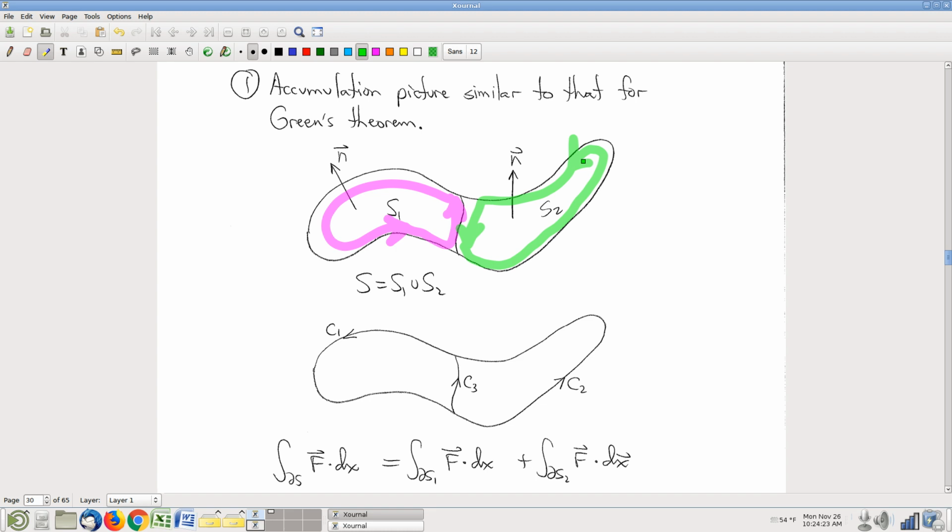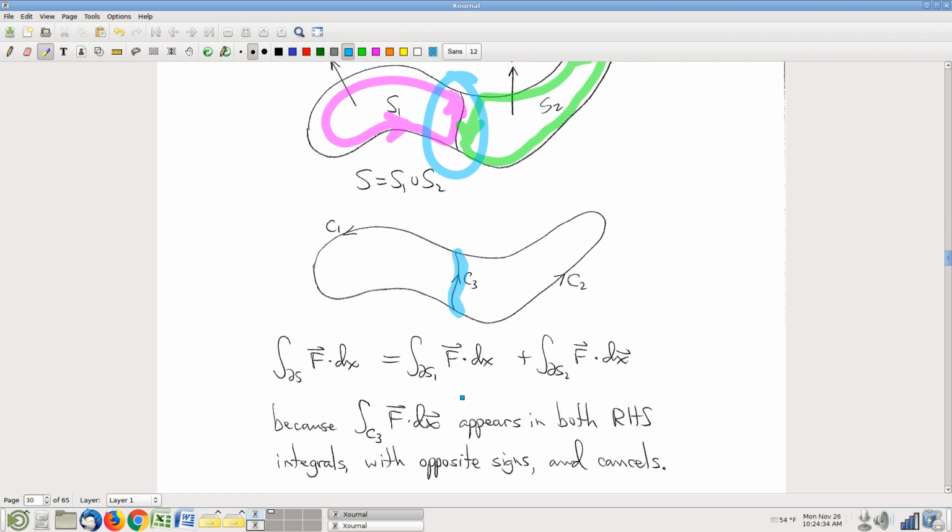And notice that on that shared edge, C3, we cover that turf twice, right? Once in the positive direction, once in the negative direction. And by the way, if I had oriented C3 that way instead, well then instead of positive and negative, it'd be negative and positive, and it still cancels, right?